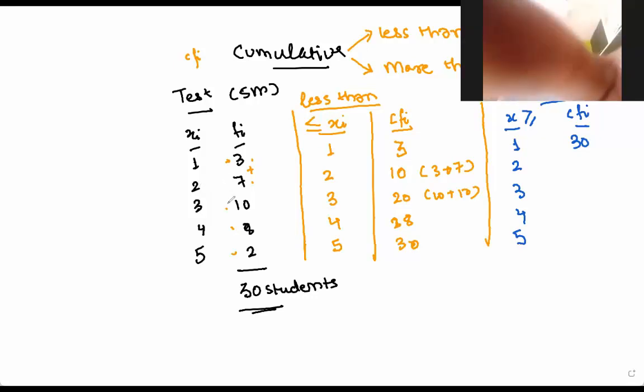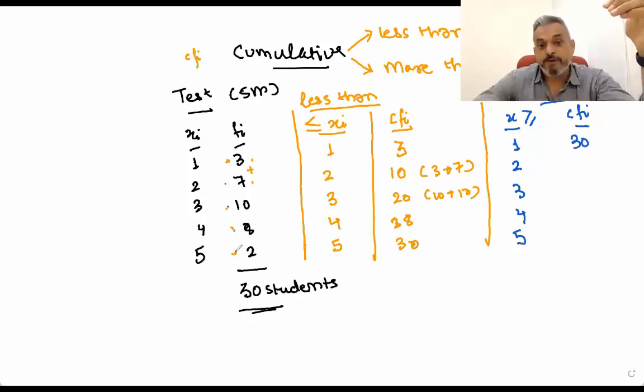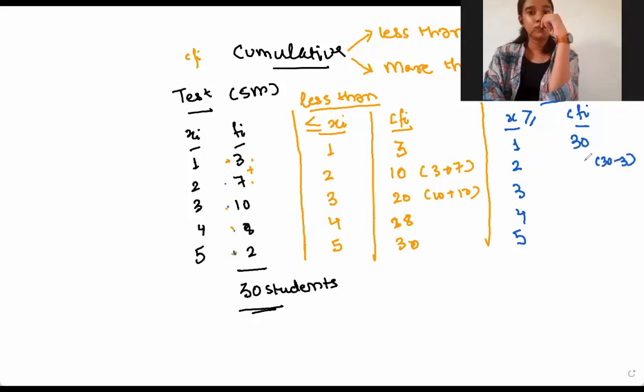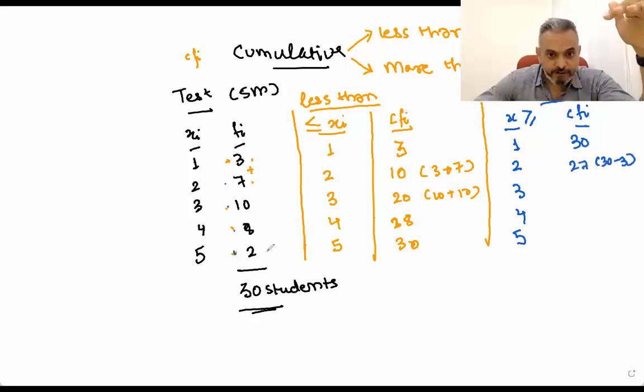So यानी 7 plus 10 plus 8 plus 2, 27. Or can I say 30 minus 3, which is 27. यानी ये सब 30 में से ये 3 निकल गए तो रह गया 27.